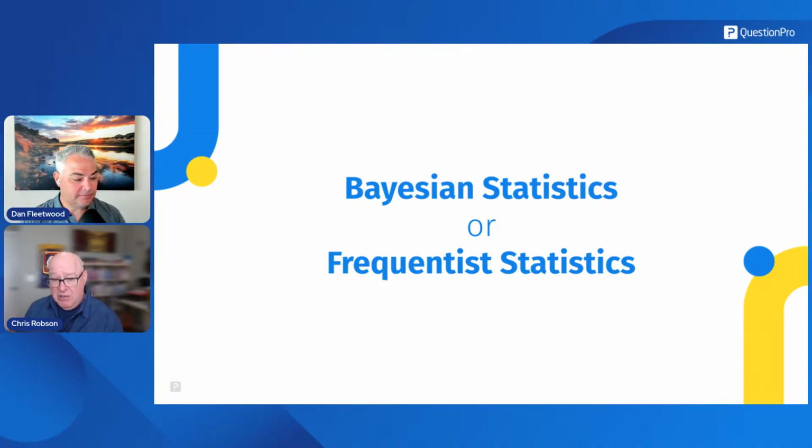Something can have a low statistical significance and be true. What it actually talks about is what would happen if we repeated this experiment multiple times. A lot of people think that if you've got a p-value of 0.05, that means there's a 95% chance that this is true. That is not what statistical significance means.